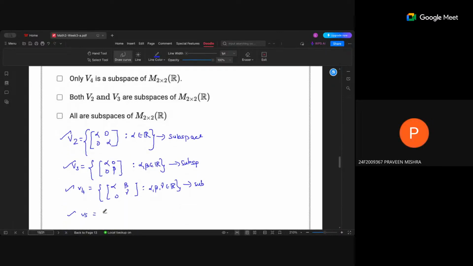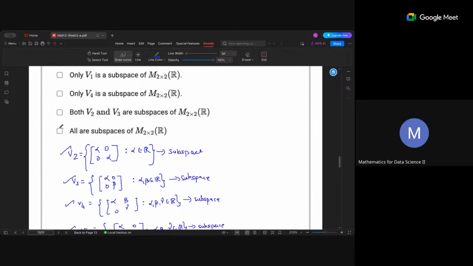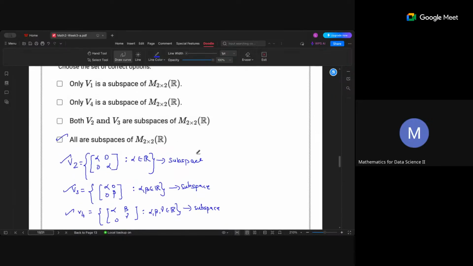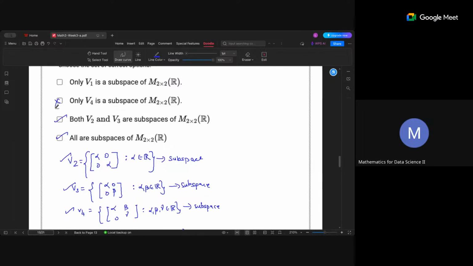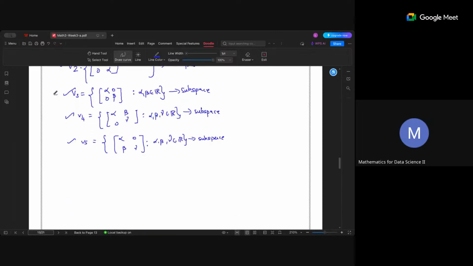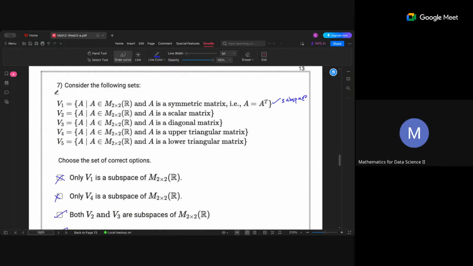This is also a subspace. All are subspaces. It's getting shorter and shorter, so I'm going to write just S. So all are subspaces of M2 by 2 of R. So this example is a very easy one, right?